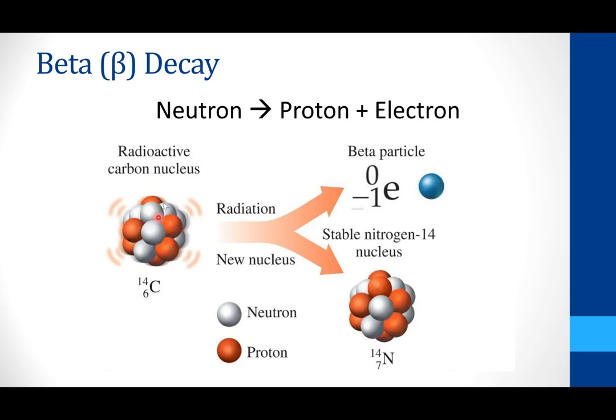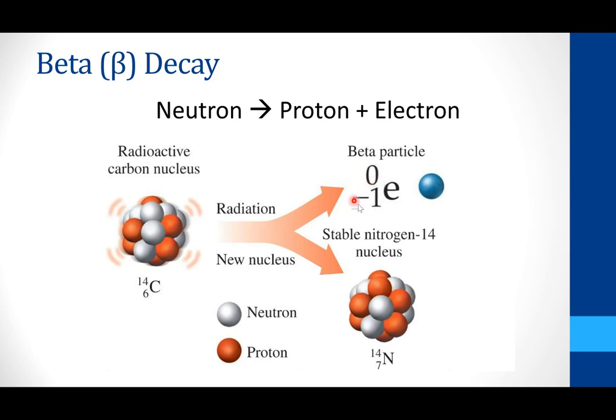So here's our unstable atom. Here's how we depict a beta particle. If a neutron becomes a proton, of course, the mass number is not going to change, right? A neutron has a mass of 1. A proton has a mass of 1. So by transitioning from a neutron to a proton, the mass doesn't change.